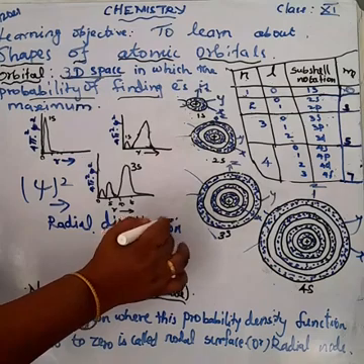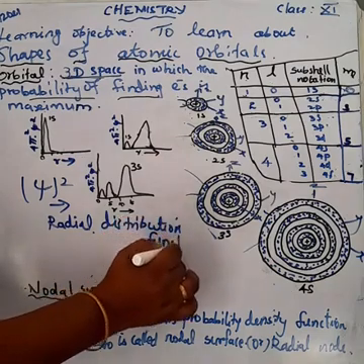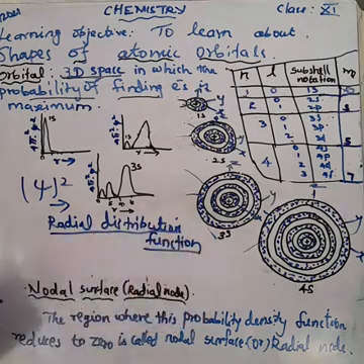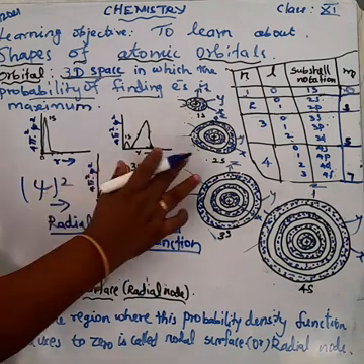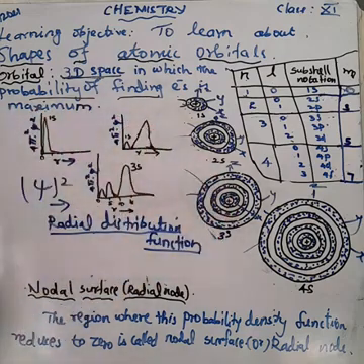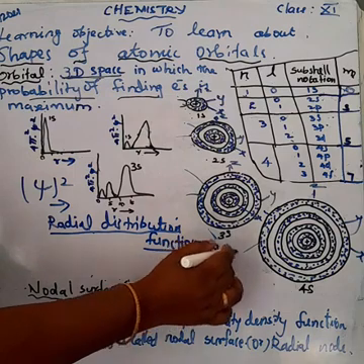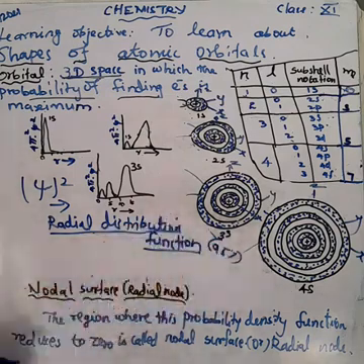We can find the maximum probability of the electron with the distance from the nucleus. Maximum means we cannot find exactly 95% probability.